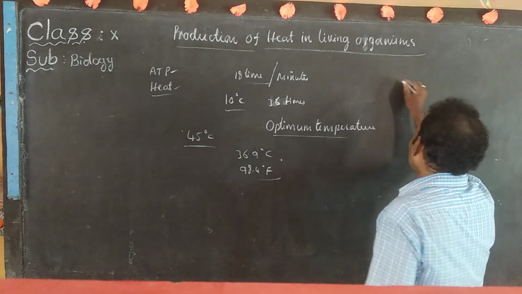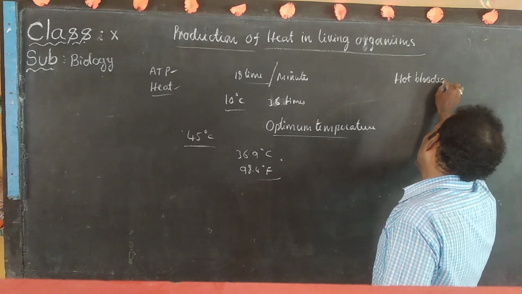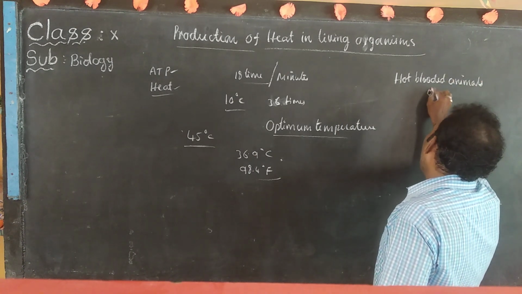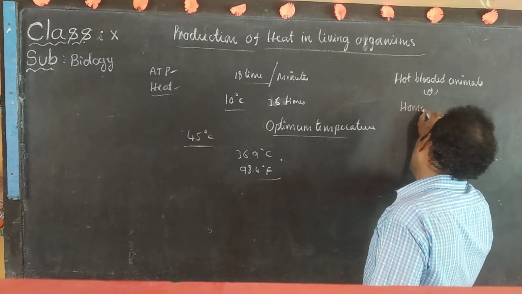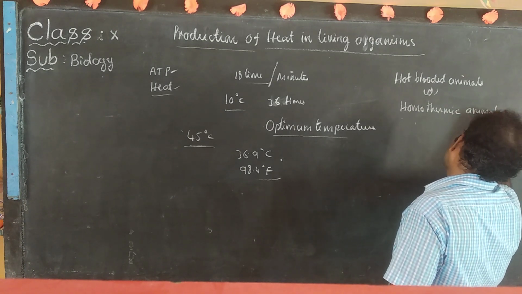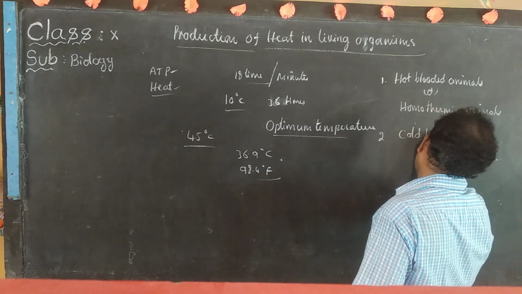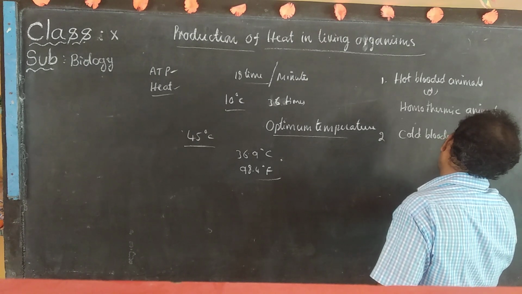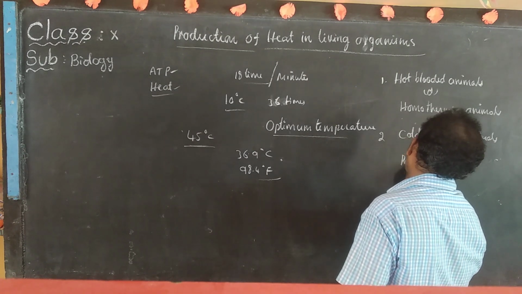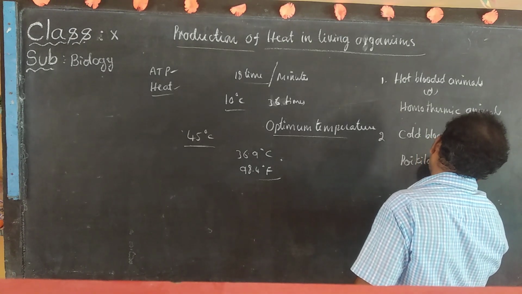They are hot-blooded animals, known as homothermic animals, and the second category, cold-blooded animals, known as poikilothermic animals.